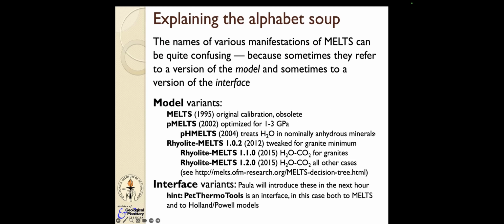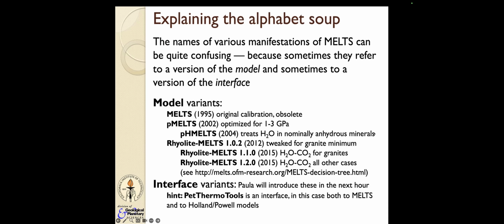Okay, so the models. There are a number of prefixes that get attached to the name MELTS, and it can be quite confusing to understand what they all mean, because sometimes they refer to different versions of the model, and sometimes they refer to different versions of the interface.